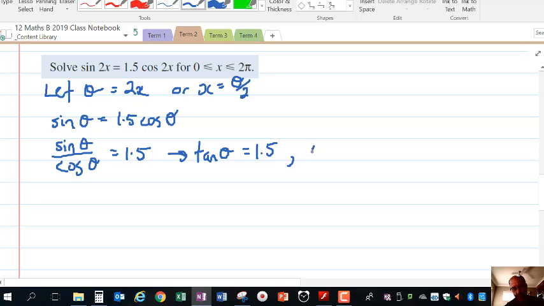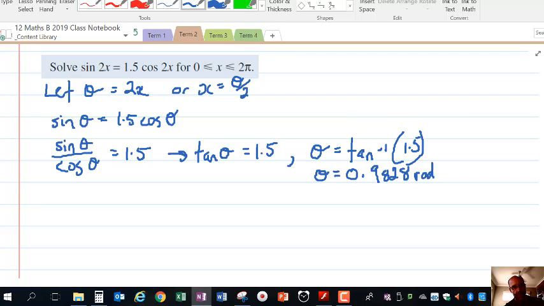And if we find the inverse tan of 1.5 for an acute angle, we can use our calculator because that doesn't correspond with one of the exact values from the table. So that would mean that theta is 0.9828 if you grab your calculator, and we're in radians.